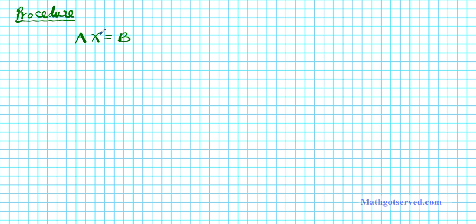The variable matrix X will be the variables that you have. And B is going to be your constant matrix.